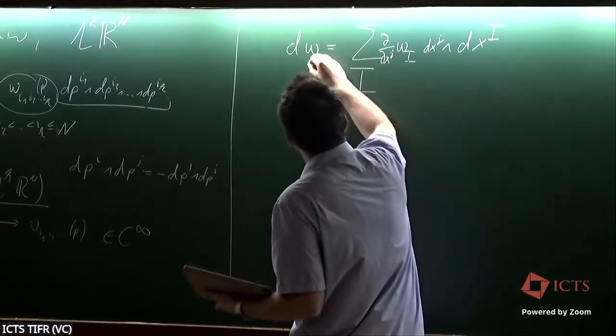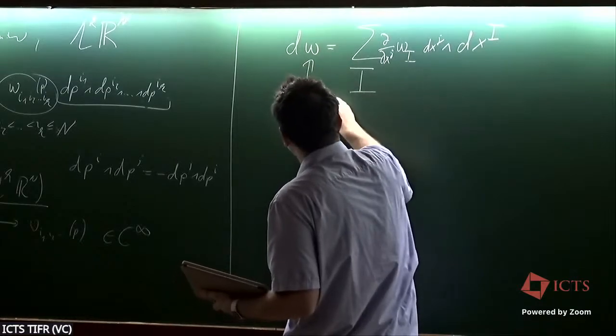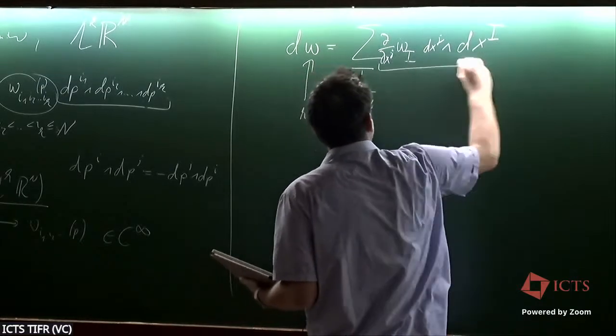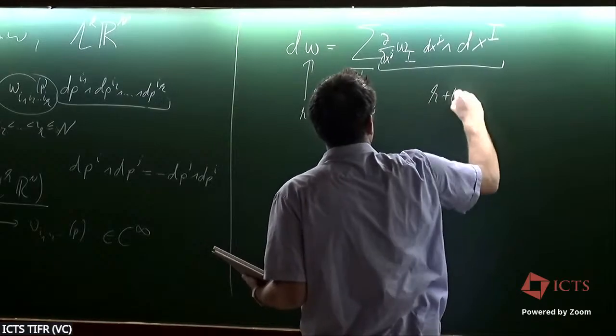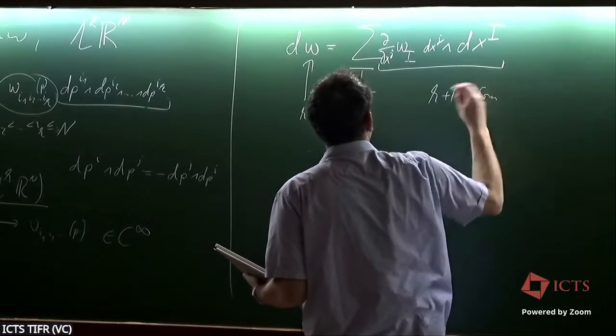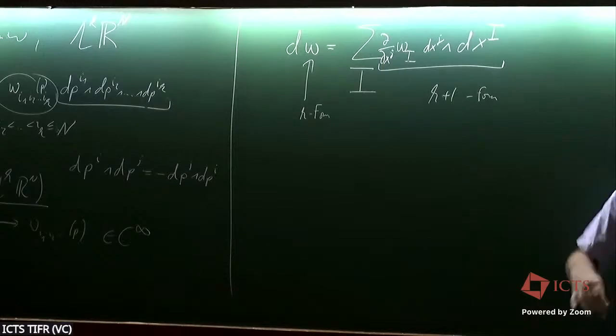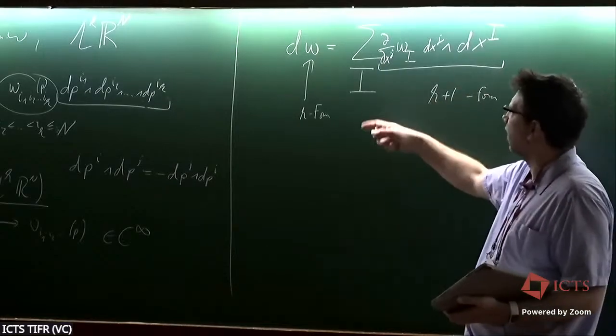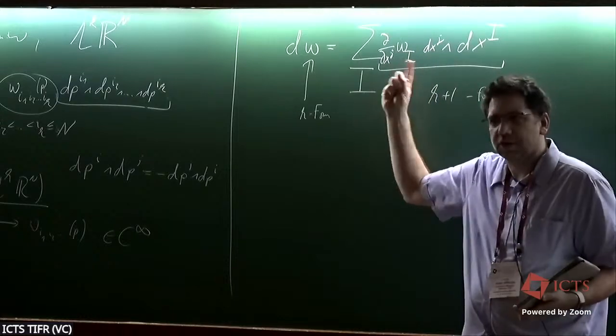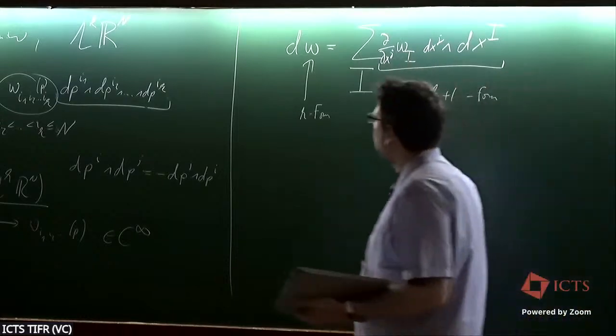You see, if omega is a K form, this here will be a K plus 1 form. Okay, so the differential takes K forms to K plus 1 forms. And this is the formula. The formula doesn't matter too much for us, but it has some consequences.